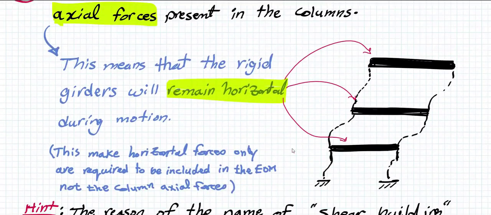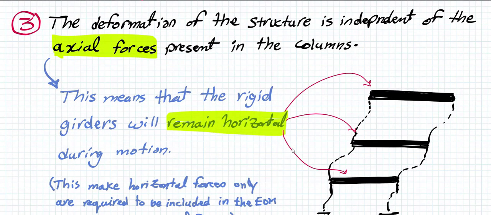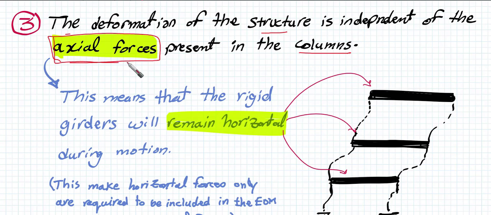Assumption number 3 is related to the deformation. The deformation of the structure is independent of axial forces present in the columns. So now the keyword is axial forces. What is the meaning of this?